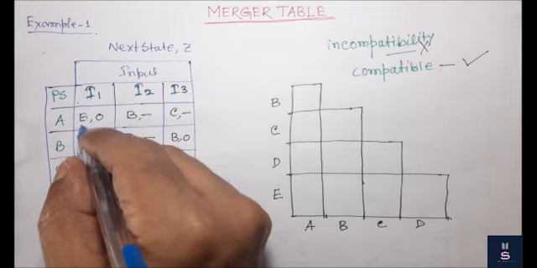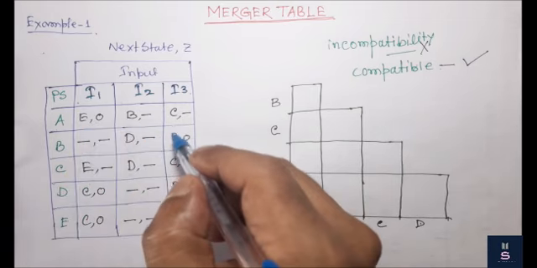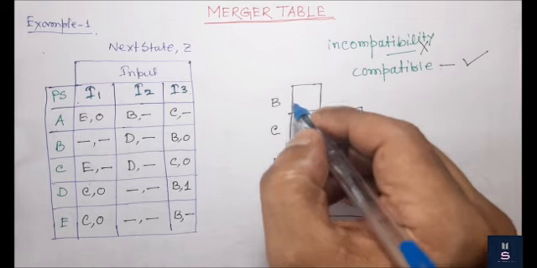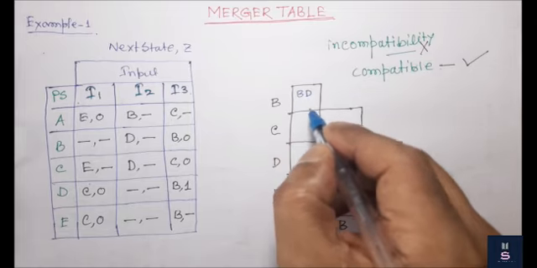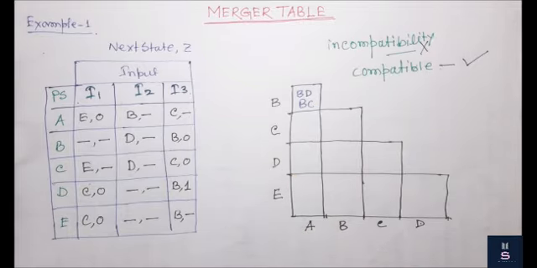So here E, don't care, so E 0, we get BD and BC. So in this cell for AB, I write BD and BC, and after completing all those cells, I will recheck those compatible pairs again.